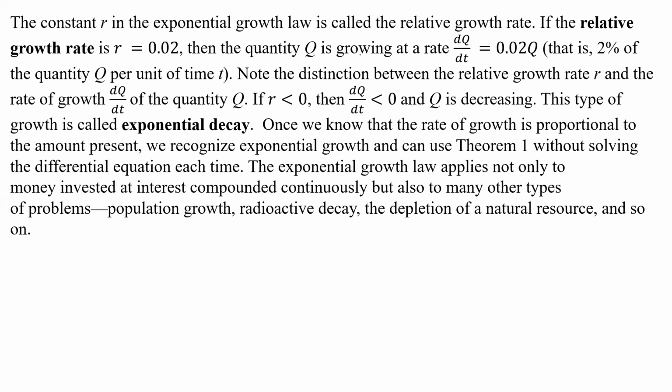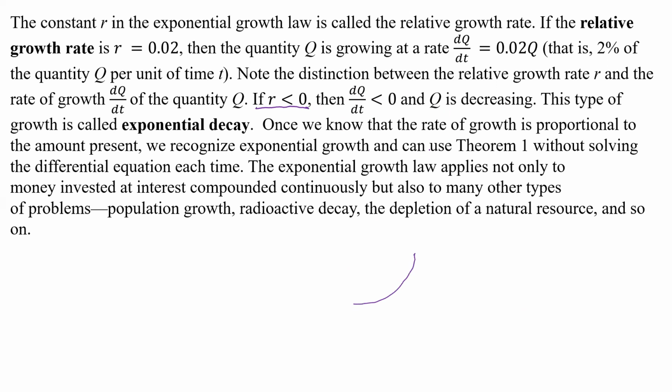Note the distinction between the relative growth rate r and the rate of growth dq/dt of the quantity q. If r is less than 0, then dq/dt is less than 0 and q is decreasing. So with r positive, we get growth, but if r is less than 0, we get something called decay, an exponential decay.